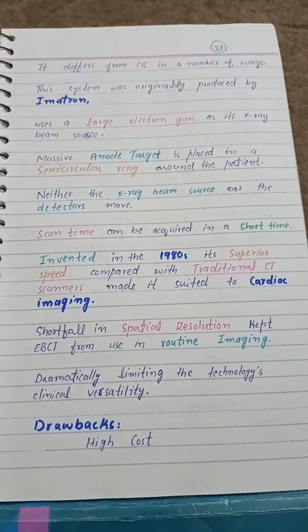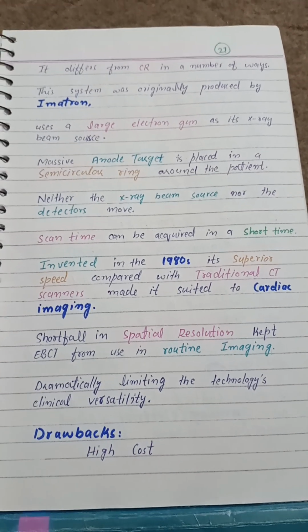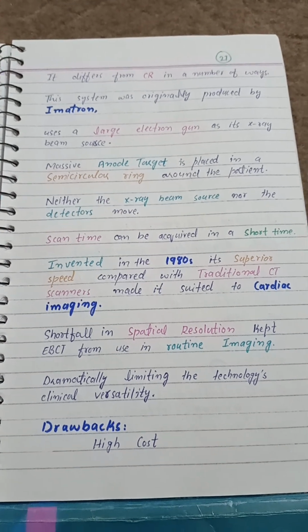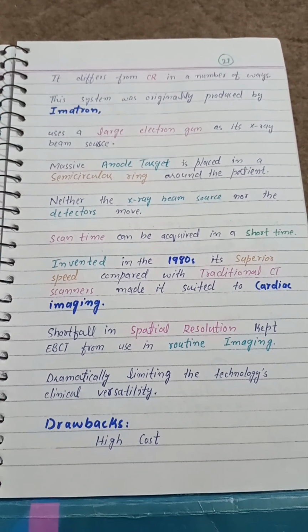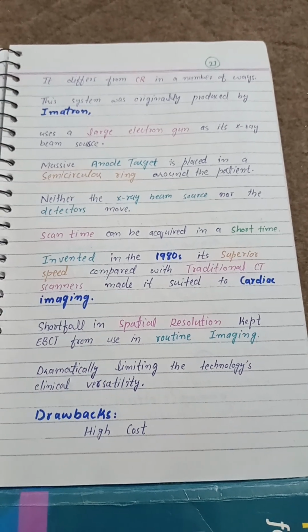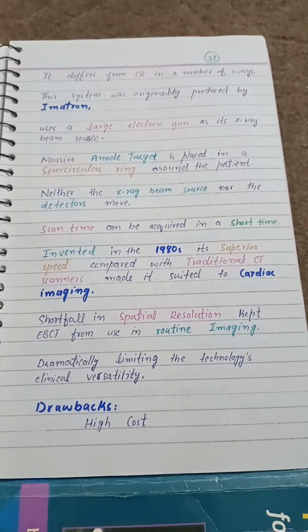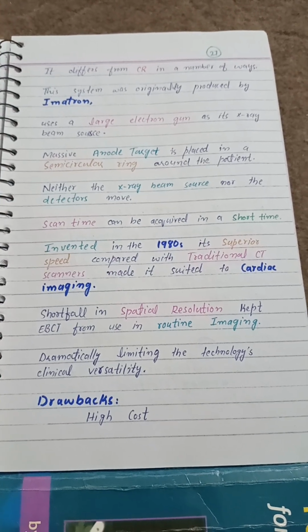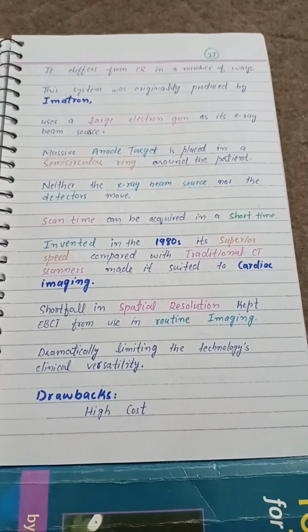This system was originally produced by Imatron and uses a large electron gun as its X-ray beam source. A massive anode target is placed in a semicircular ring around the patient. Neither the X-ray beam source nor the detector moves, so scan time can be acquired in a short time.